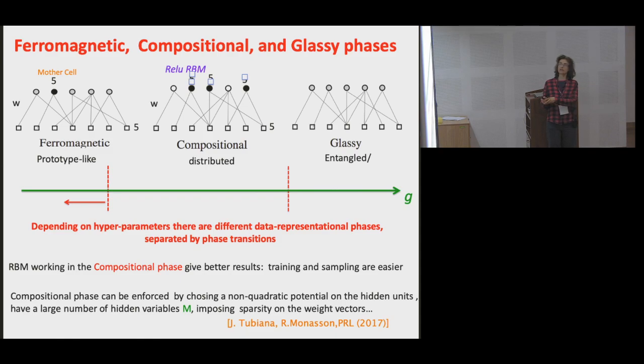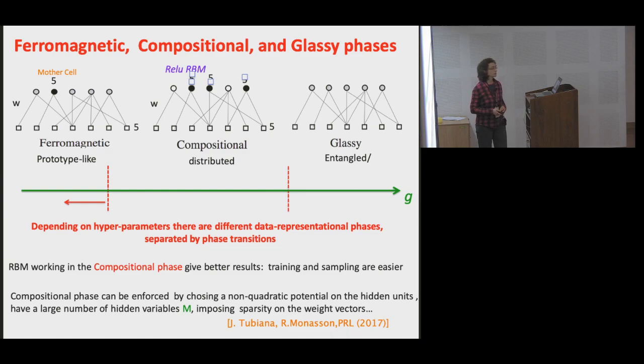But on the contrary, in a compositional phase, a 5 will activate different hidden units corresponding to the different strokes of your 5. And so this is why it is called compositional. And then there is another phase which is called the glassy phase, in which every input configuration will activate all the hidden units in a weak way.